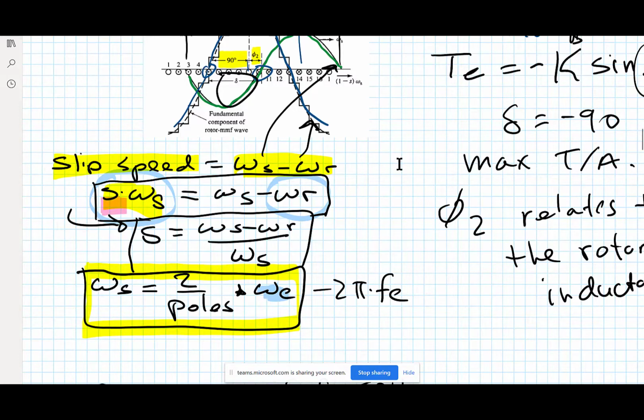And then last time we showed you this expression. This is the key expression that you must know, to do well on the exam, to understand induction motors. As the speed changes, the s changes, and essentially the loading of the motor changes.